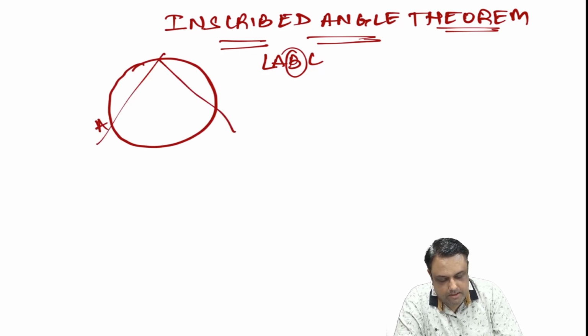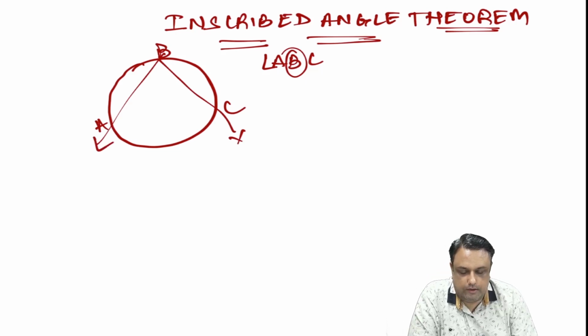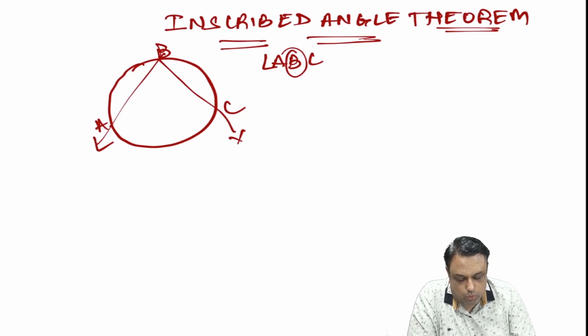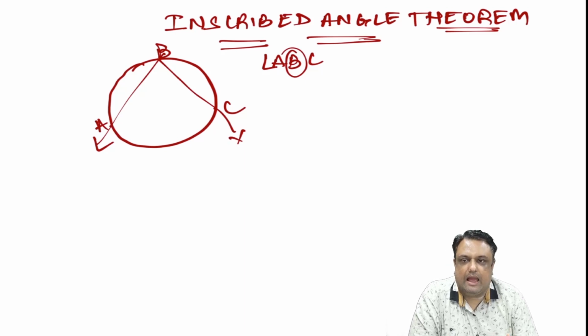A, B, C. Where is the vertex B lying? On the circumference, that is on the circle. There are two rays originating from B, BA and BC. BA and BC cut the circle in two different points A and C. Therefore, ABC is called an inscribed angle.